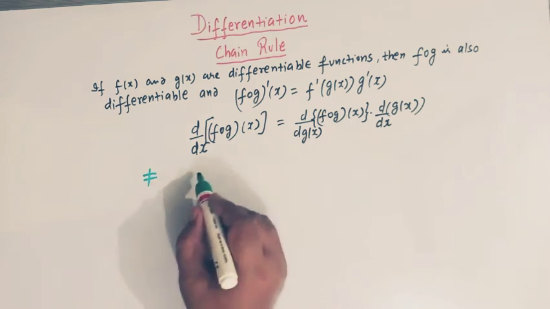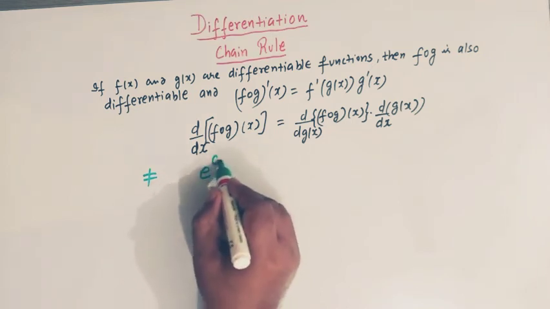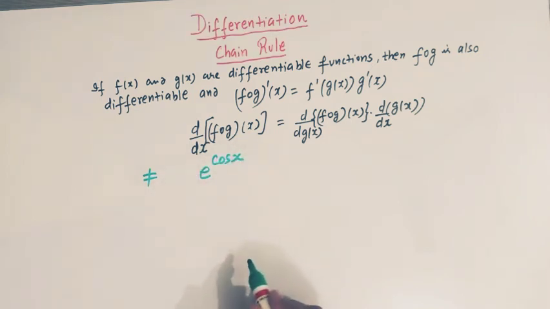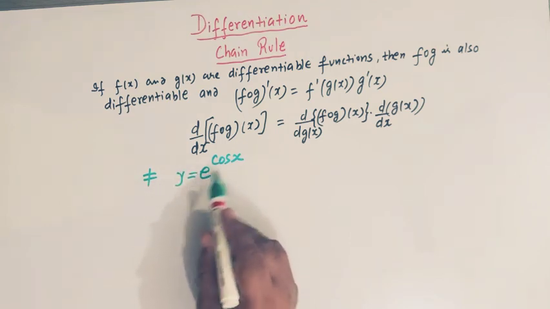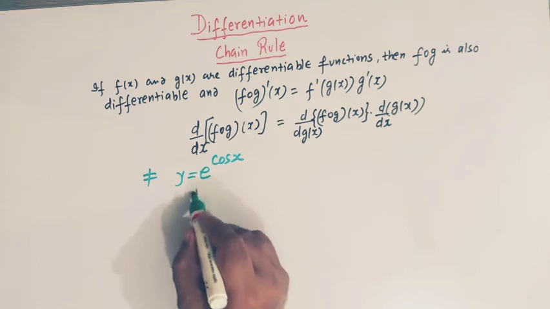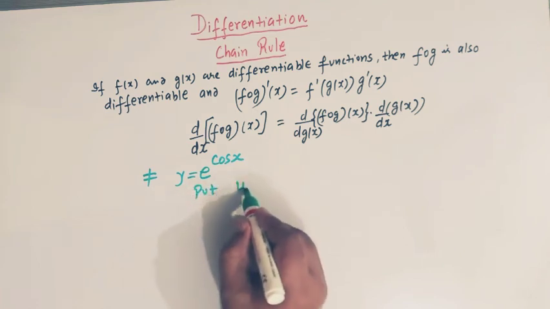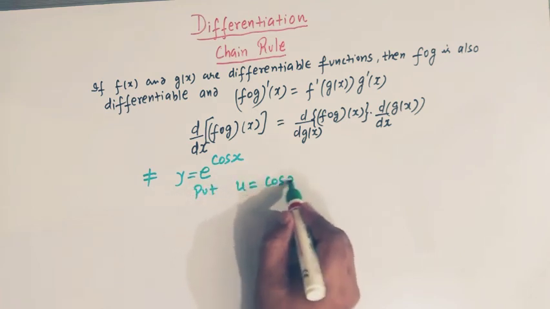So this is the required derivative. Now let us differentiate e raised to cos x with respect to x. Let us take y = e^(cos x), and let us put u = cos x.